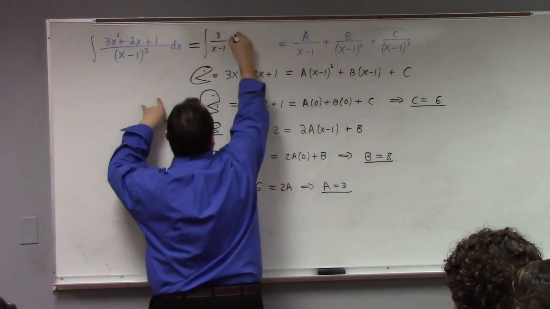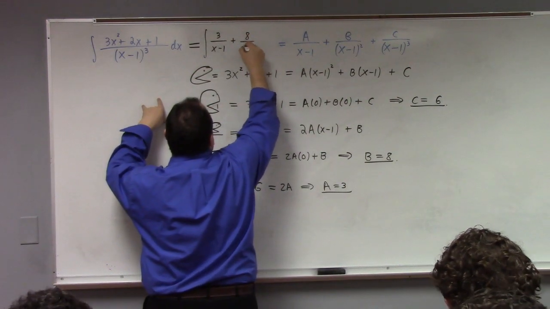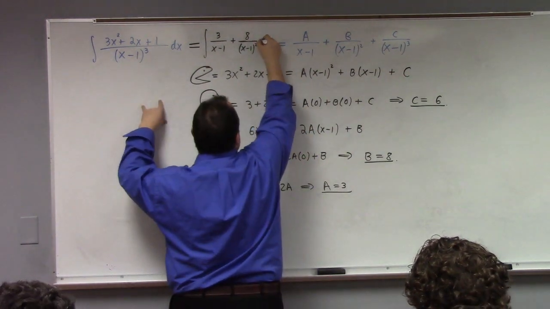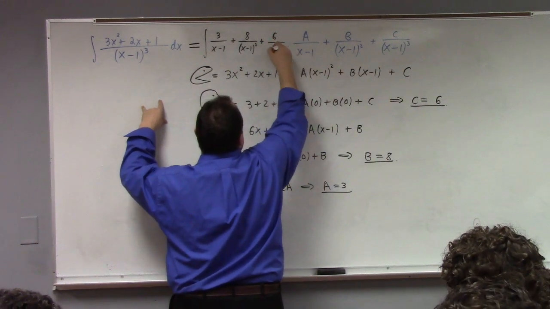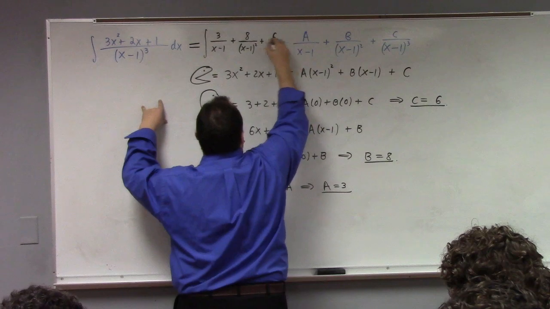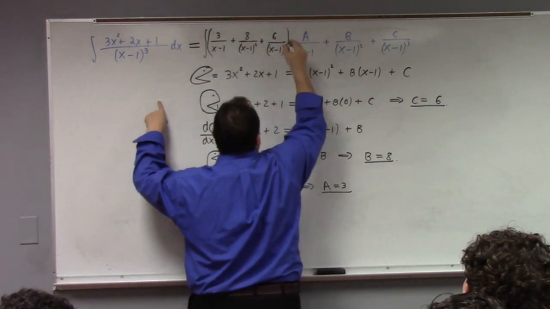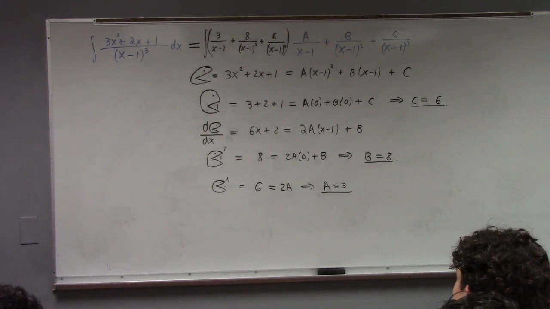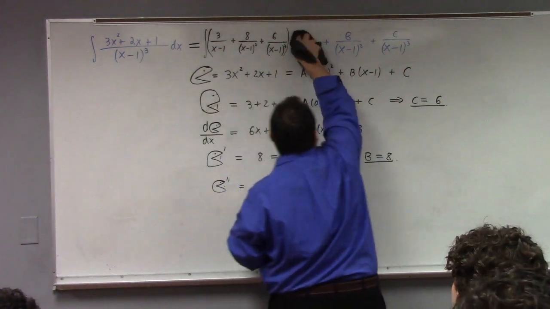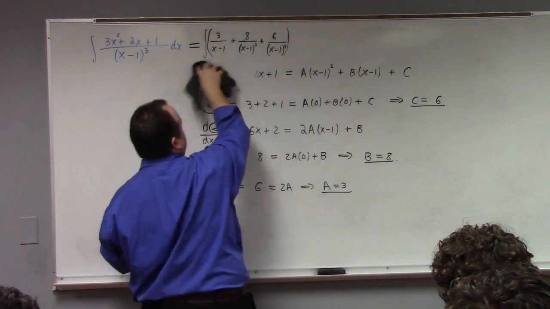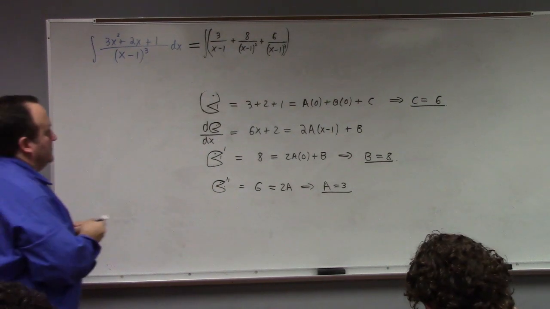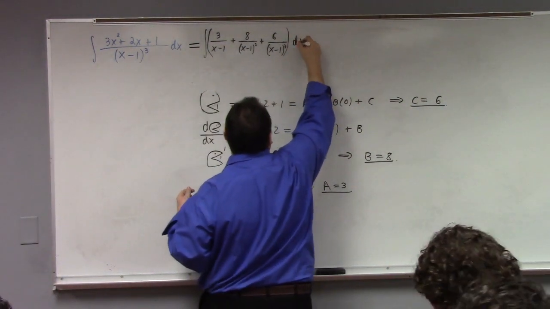B was 8, so plus 8 over x minus 1 squared. And then plus 6 over x minus 1 cubed. Any questions about this before I erase the top? And don't forget my dx, don't want to lose my 10 decipoints.